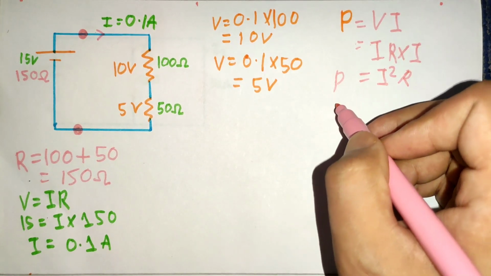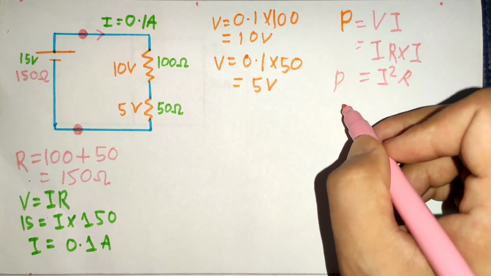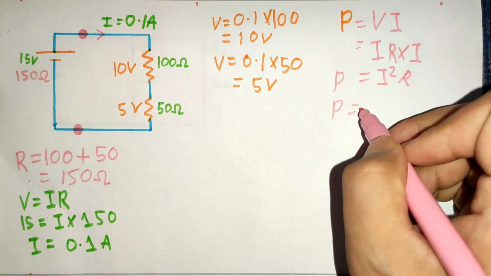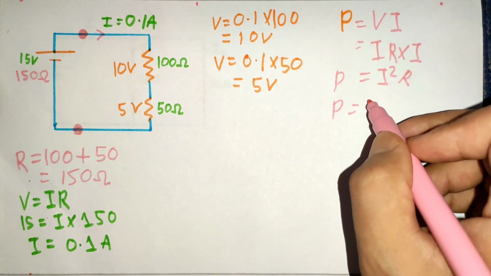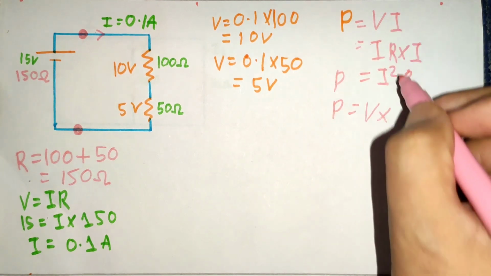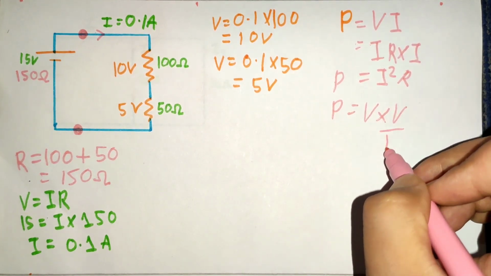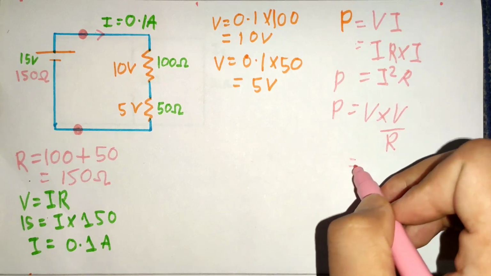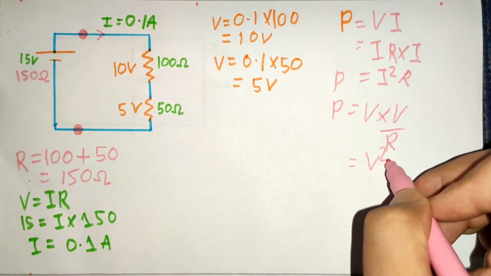For the last formula, P equals V into I, which is V into V by R, equals V square by R.